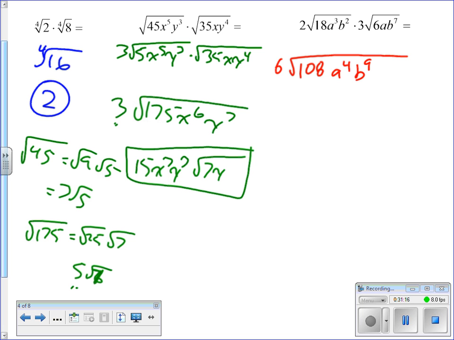Now the fun begins. 108. Perfect squares to divide into 108. Well, I can think of 2 right off the top of my head, but I know what the bigger one is. It's divisible by 9. 9 times 12 is 108, because I know my 9s. Look at the last 2 digits. If the last 2 digits of a number are divisible by 4, the entire thing is divisible by 4, no matter how big it is.